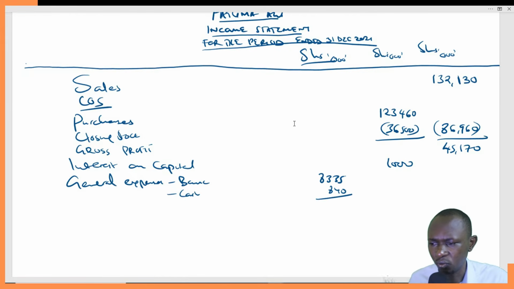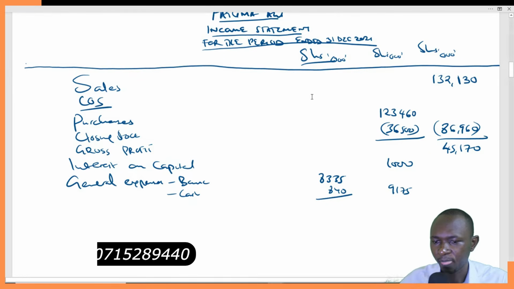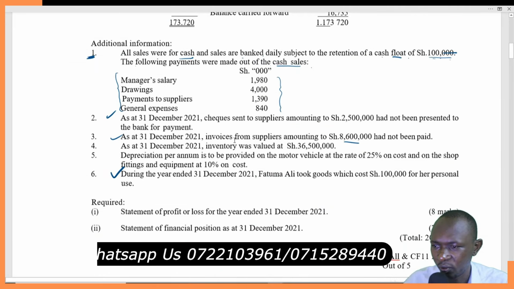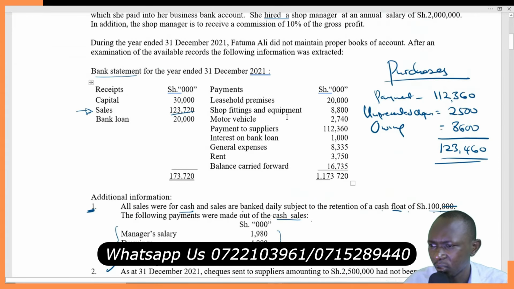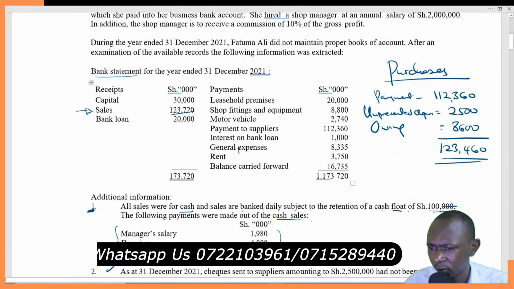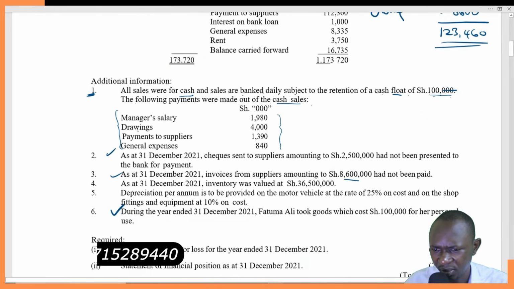Then you add the two, 83.35 plus 840 to get 91.75, like that. That's how we go about it. And then we move on with our rent at 750. Is there something on rent?